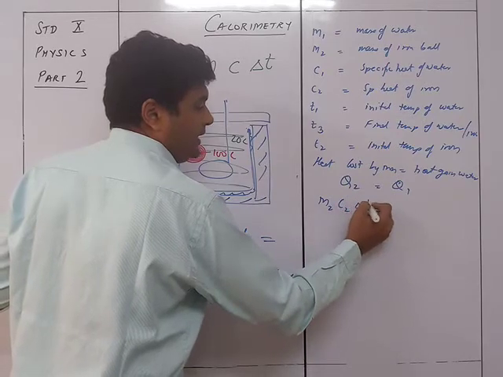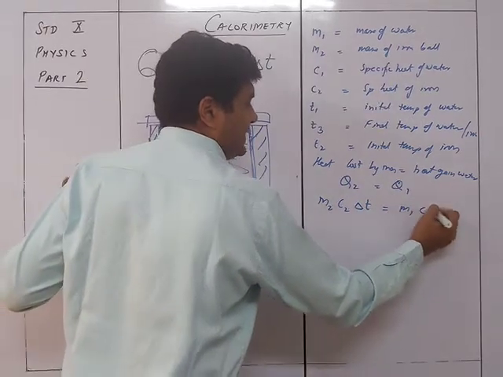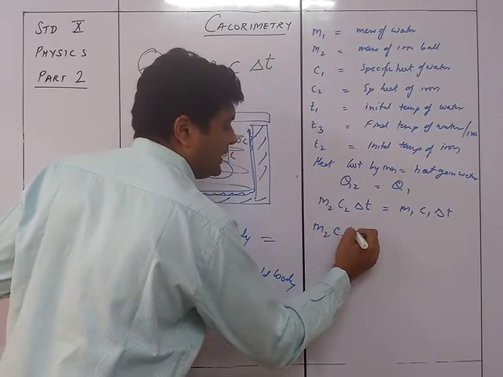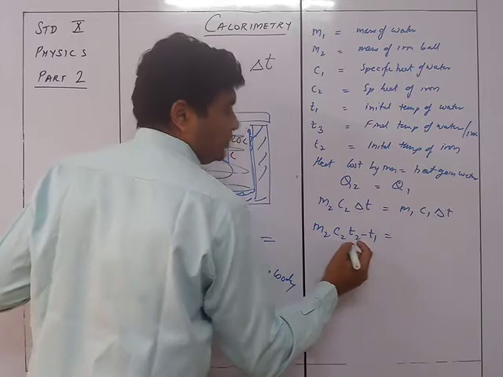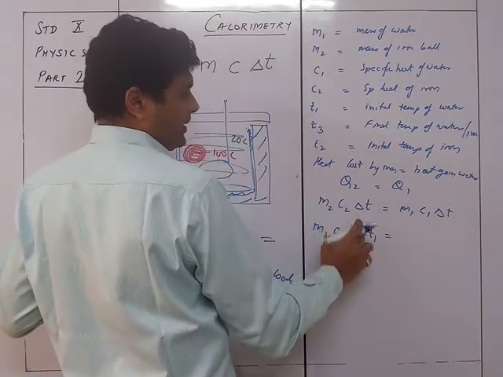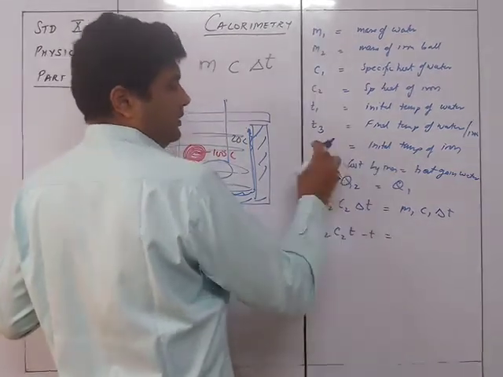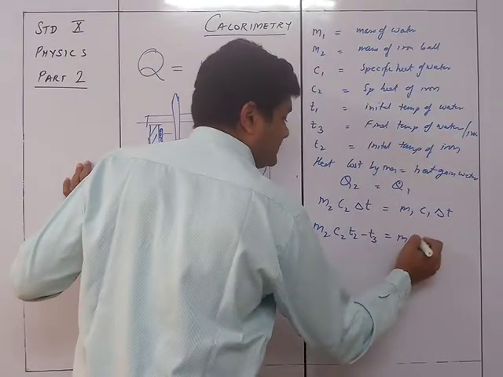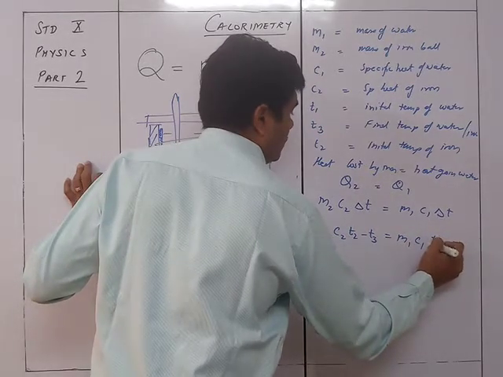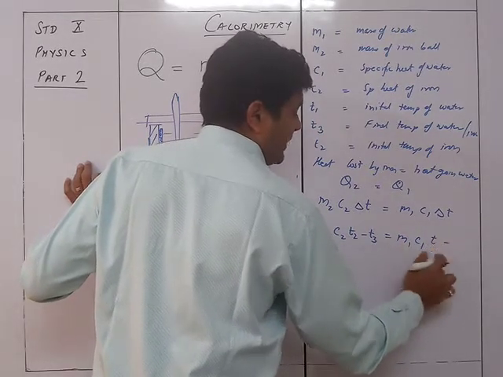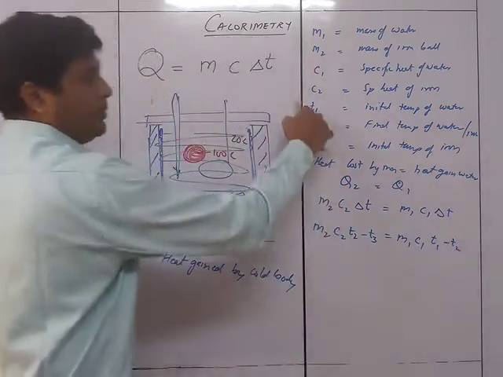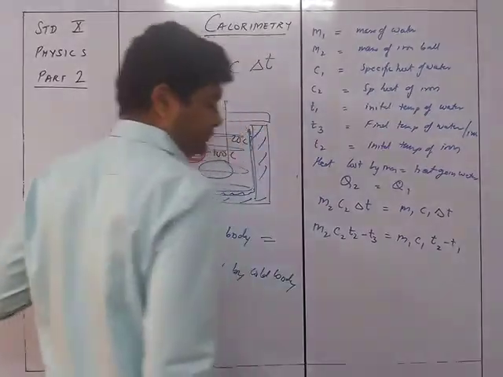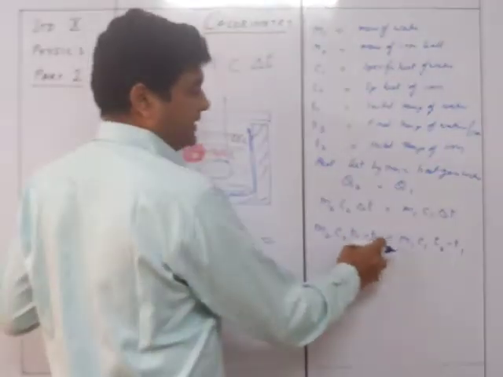M2C2 delta T is equal to M1C1 delta T. So we get M2C2 (T2 minus T3) is equal to M1C1 (T3 minus T1), because T2 will be more and T3 will be less, and T1 will be less.